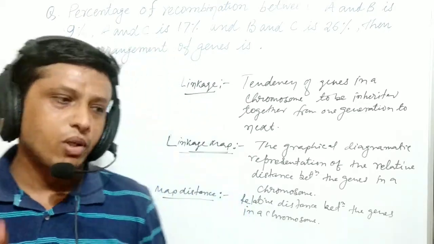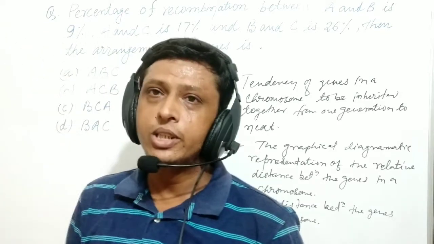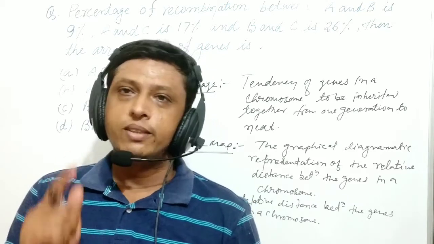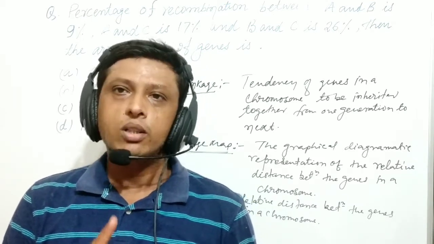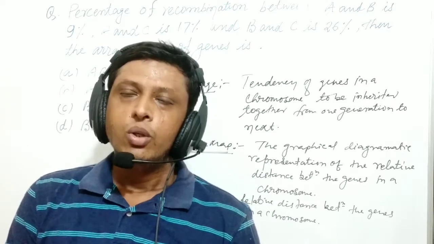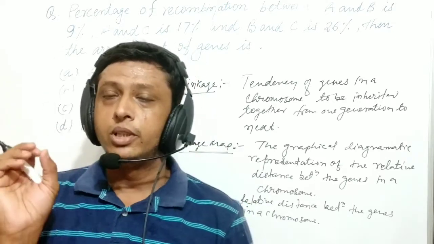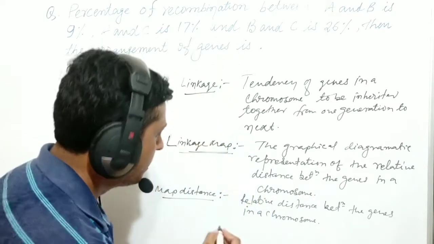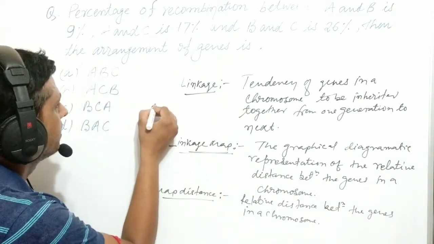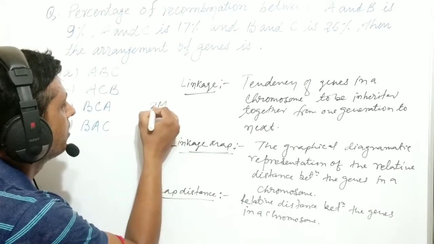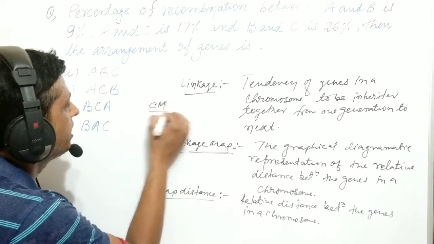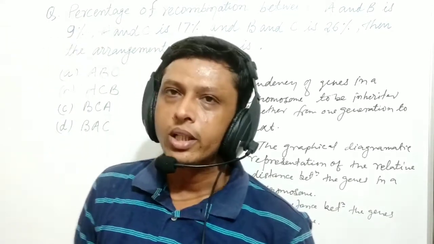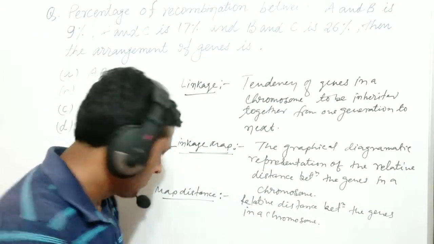Why centimorgan? Because linkage was discovered by T.H. Morgan, and T.H. Morgan was the first geneticist to get a Nobel Prize. To honor him, the unit of map distance is centimorgan. It is written as small c and capital M, cM. That is centimorgan.